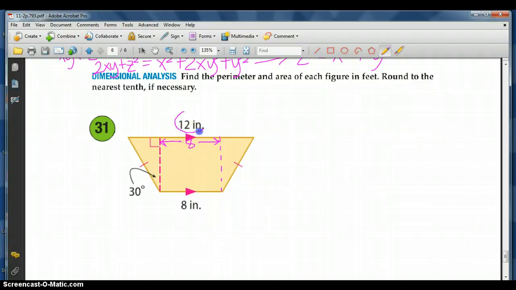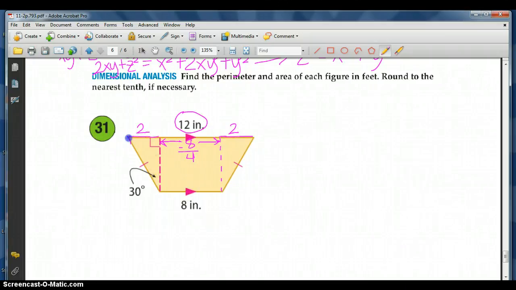The total is 12, so if I subtract 8 from 12, I get 4. So this length plus this length should have a combined length of 4. If I split that in half, then each of these is 2.